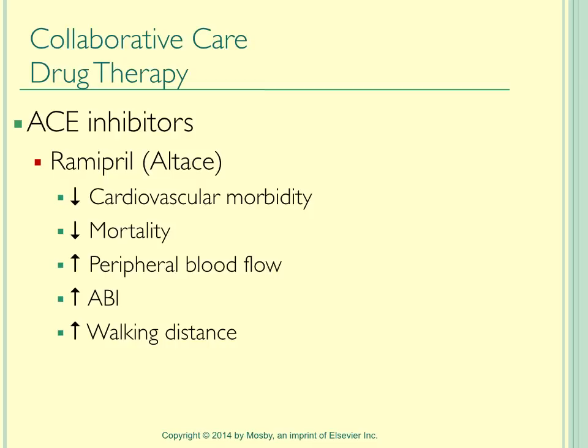So these ACE inhibitors will help in peripheral arterial disease. And this is ramipril. It lowers cardiovascular morbidity, it lowers mortality, it increases peripheral blood flow, it increases the ankle brachial index, and it also increases the patient's walking distance.